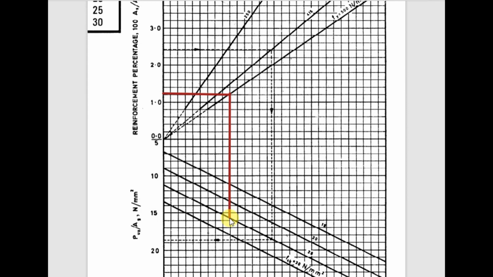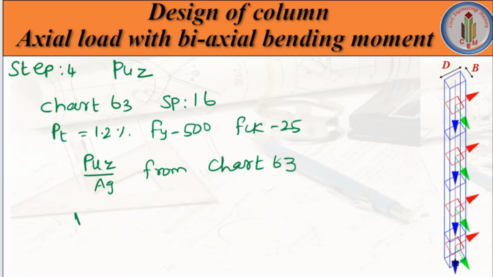So our FCK value is 25. Then we can go this way. We can consider this one as 15.8. It's close to 16, so let's take the value as 15.8. Now I hope you all understand this graph. So we got the value for PUZ by AG from chart number 63, which is 15.8.